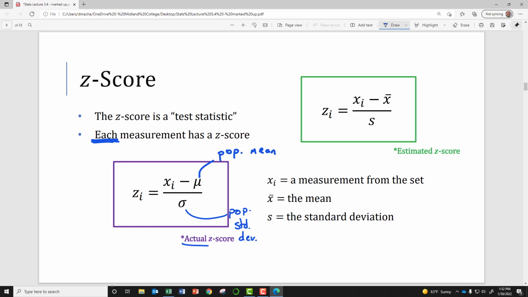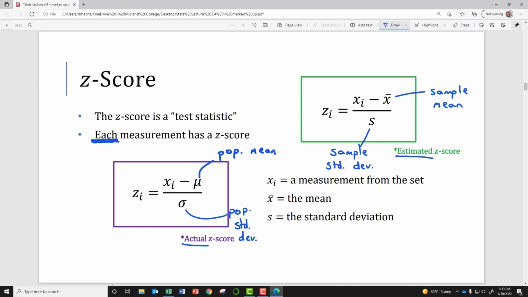However, you may recall that in most situations we can never know parameters. So when we talk about population mean and population standard deviation, those are parameters that we probably don't know. And most likely you'll be using an estimated z-score, where you can just swap in the sample mean instead of the population mean, because after we collect our measurements, we can always calculate a sample mean, and we can always calculate a sample standard deviation for our data set.